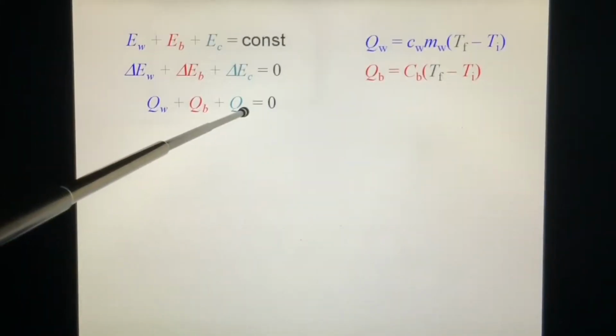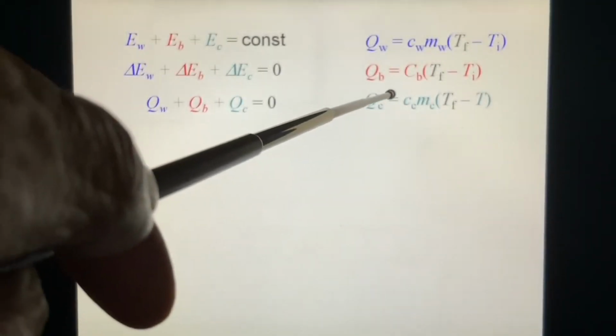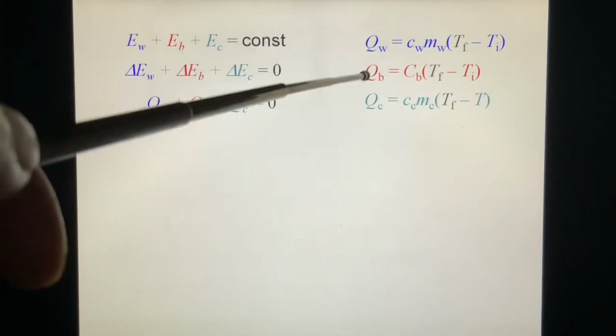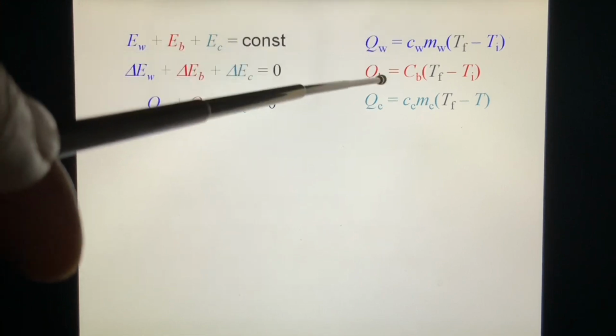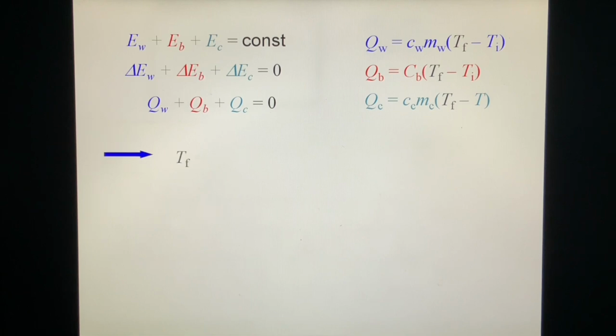They're the same. And finally, the copper. The copper is C copper times M copper times T final minus T initial of the copper. T initial is larger than T final, so this is a negative number, it released the heat. The water and the beaker absorb the heat. So we put these three in this equation. We can find T final.